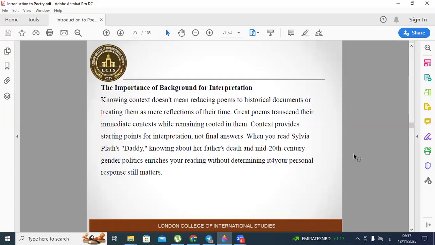You might read the poem differently than someone else based on your own experience, and that's valid as long as both readings are supported by textual evidence. The best readings balance contextual knowledge with close attention to the poem's language and your own thoughtful response.